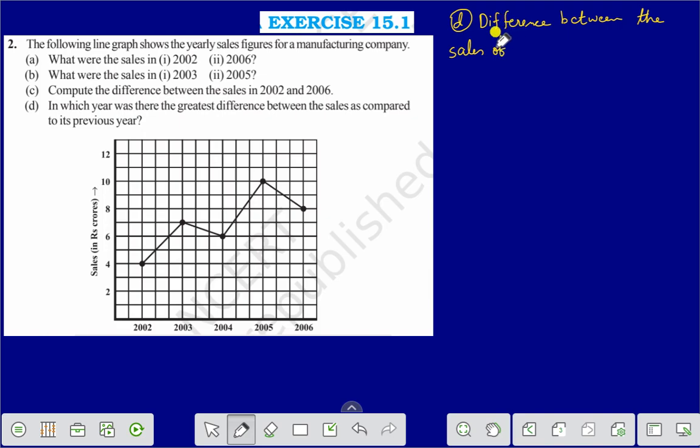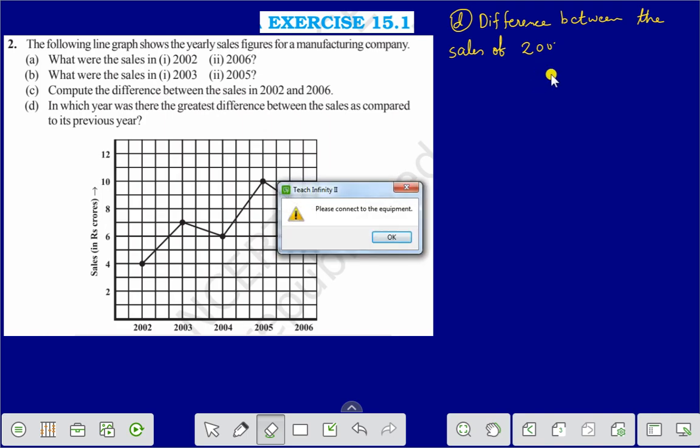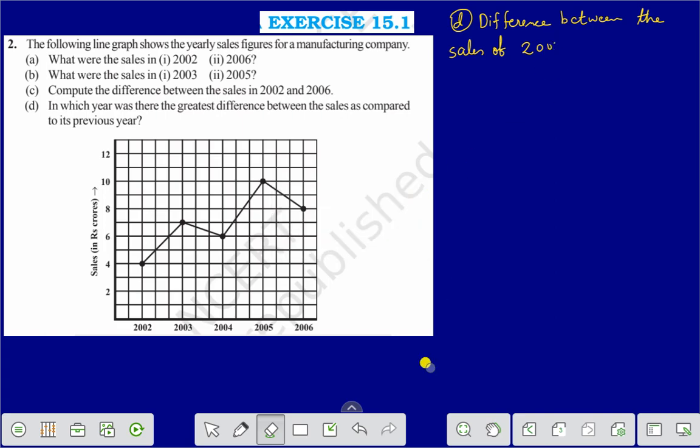The difference between the sales of 2002 and 2003. In 2002 it is 4, in 2003 it is 7.